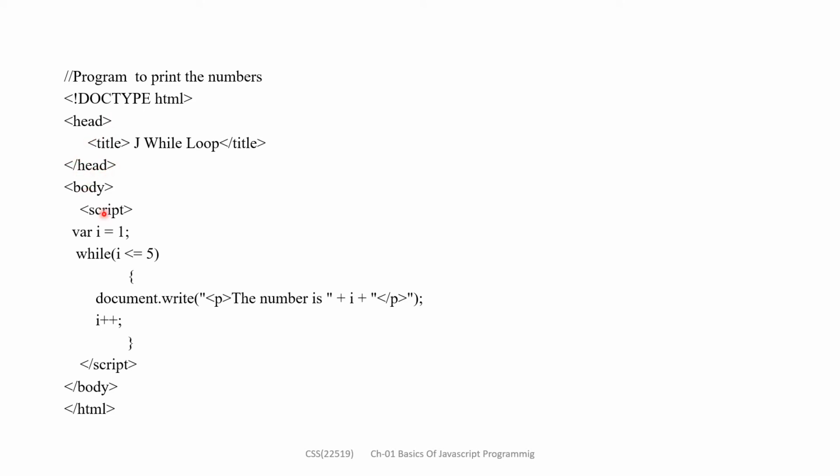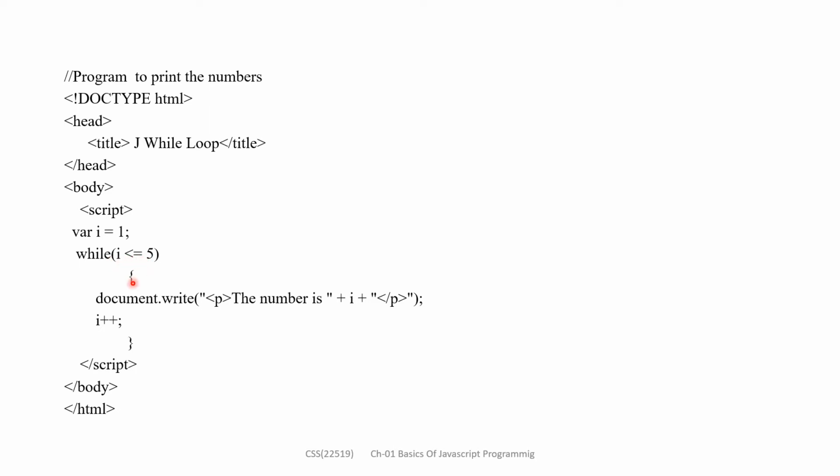In the body we have to write the script tag. There is a variable i equal to 1. We have declared a variable i and assigned it the value 1. Now the condition of the while loop is while i less than or equal to 5.